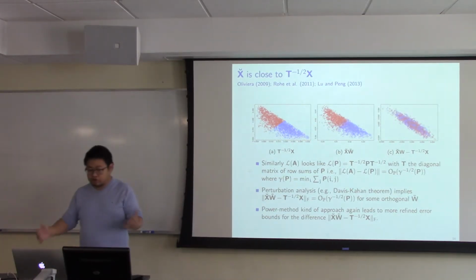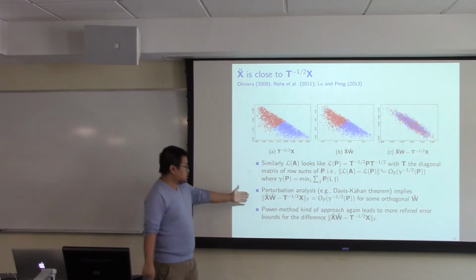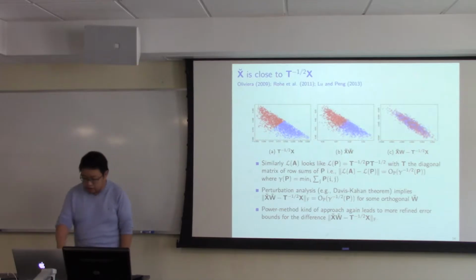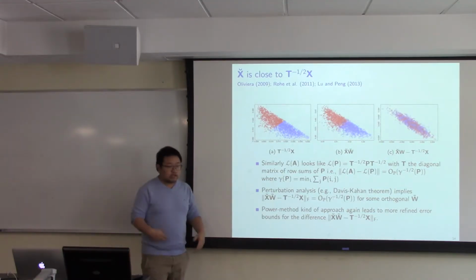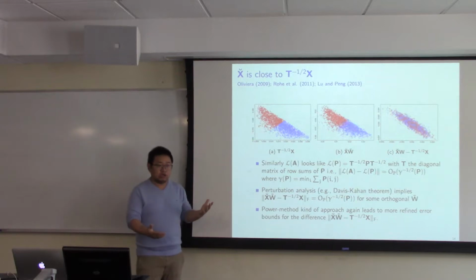So once again, because of the normalization here, perturbation analysis tells me that the Frobenius norm is bounded above by 1 over square root n. So we see that it's not that easy to compare these two methods, because they are giving you different representations of a graph.